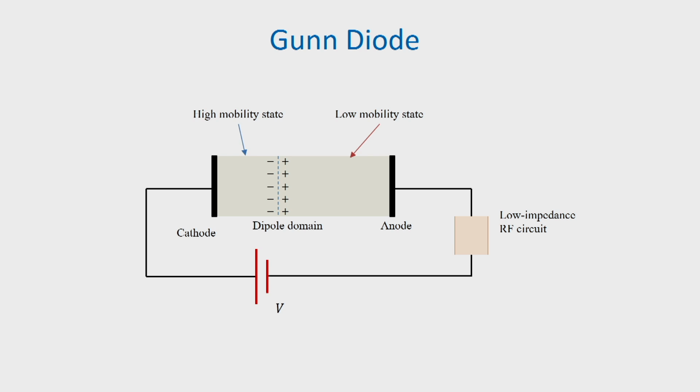Once the dipole domain is collected at the anode, another domain is formed, and this is self repeating, and we have an oscillation with the period same as that of the transit time through the device.